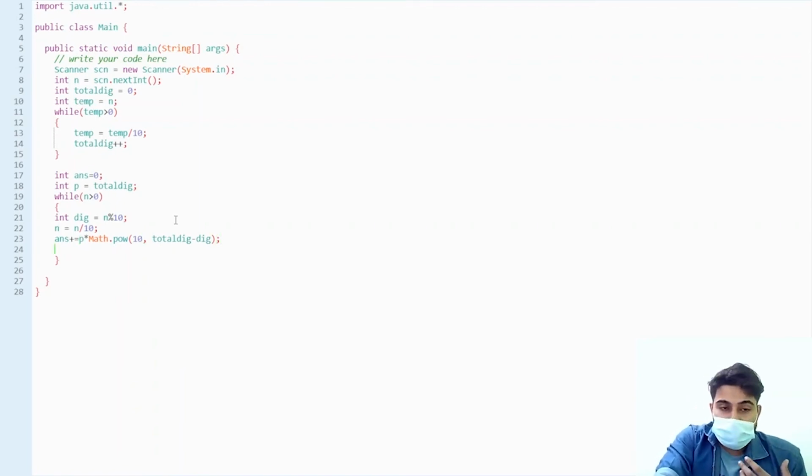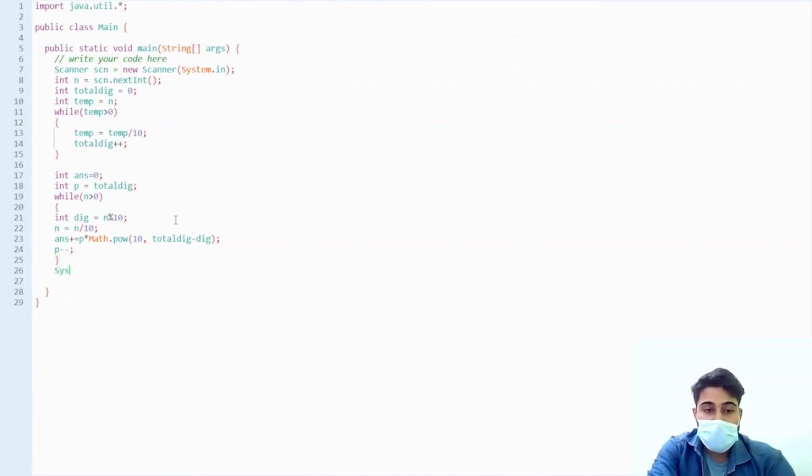After finding the position for each index, I need to decrement my index value, because after finding the position of the sixth index using its face value, I need to find the position for the fifth index using its face value. So I'll write here p minus minus, and here we get the output.